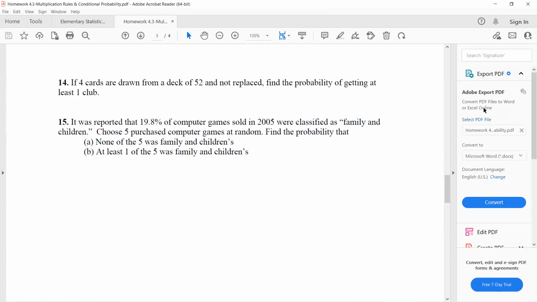Choose 5 purchased computer games at random and find the probability that. Okay, so again, either they were classified as family and children or they weren't. So here, you go ahead and use the complement.